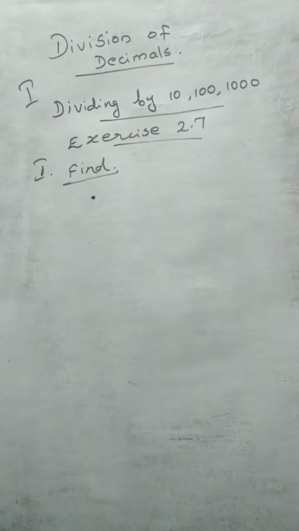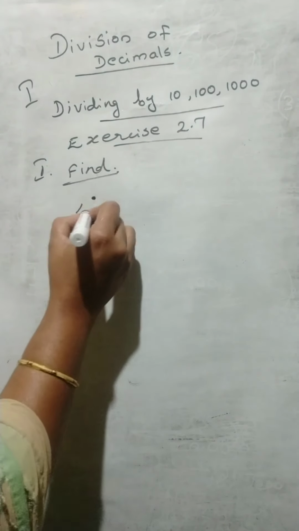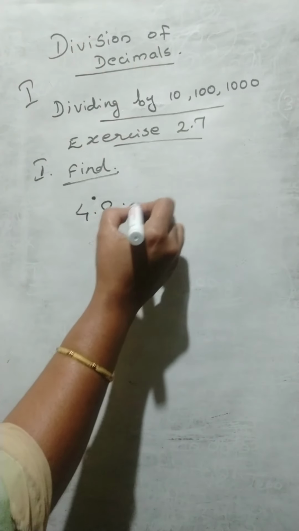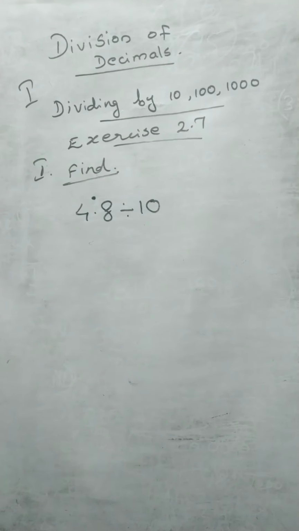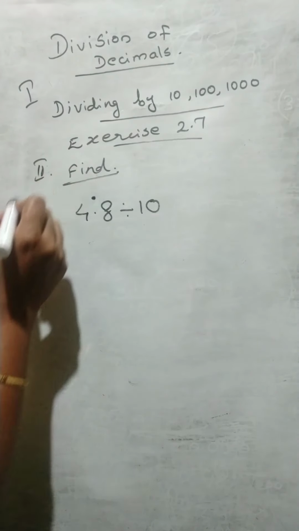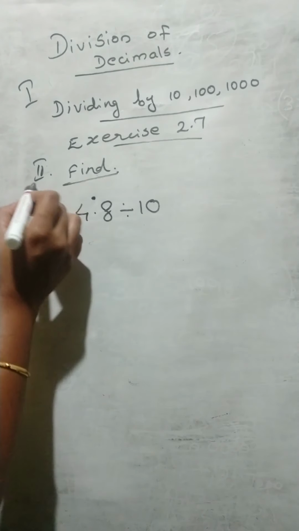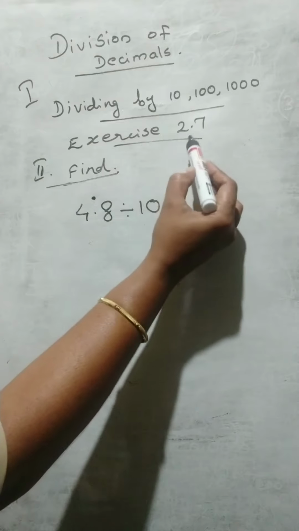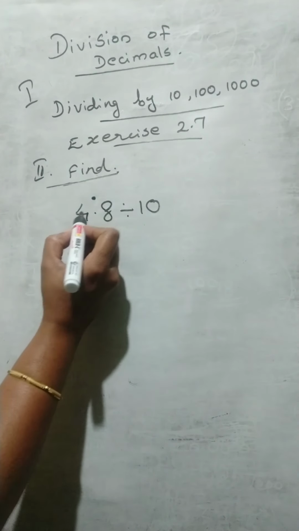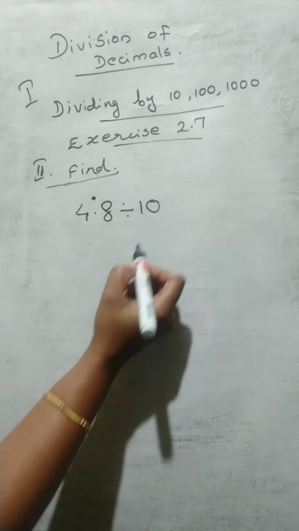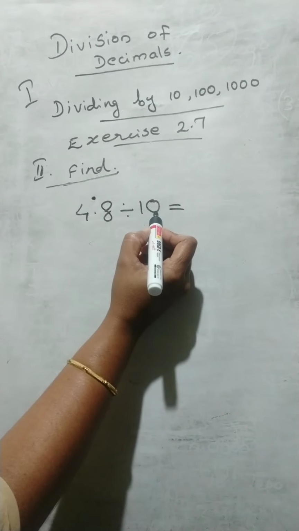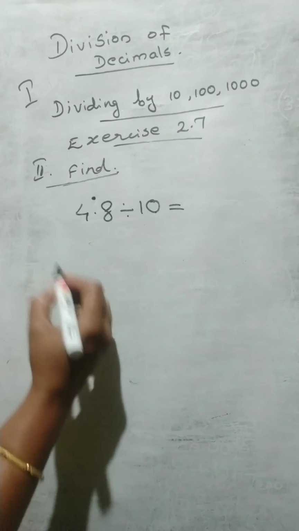Second group. We have to divide the given numbers by 10. Exercise 2.7, second group. That is 4.8 divided by 10. How many zeros? Only one zero. So what can we do?